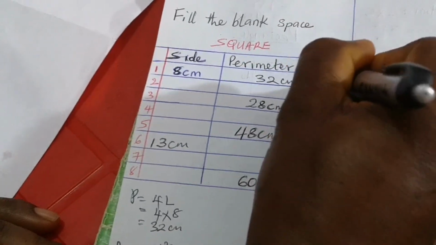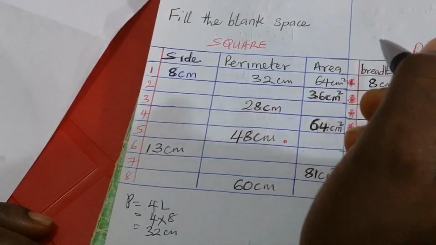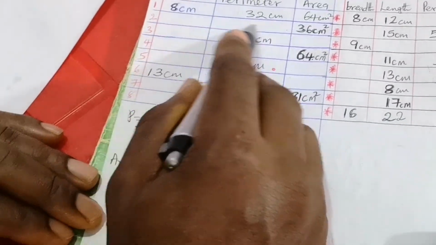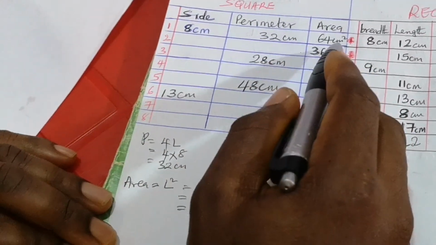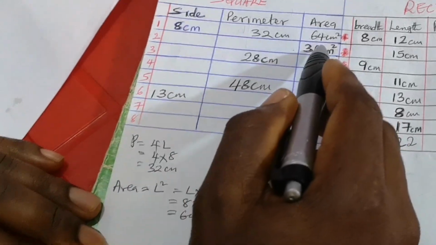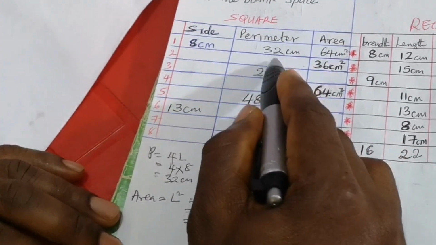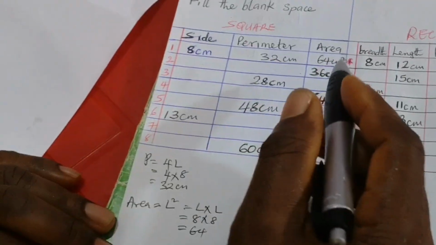So the area is 64 cm square. Okay, and this number 2, we have a square whose area is 36 cm square. So what will the perimeter and the side be?